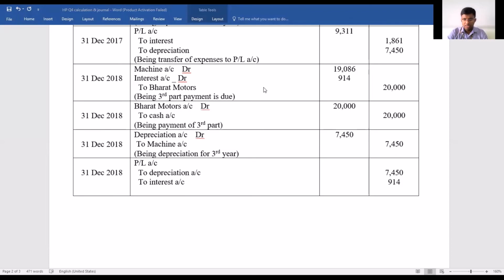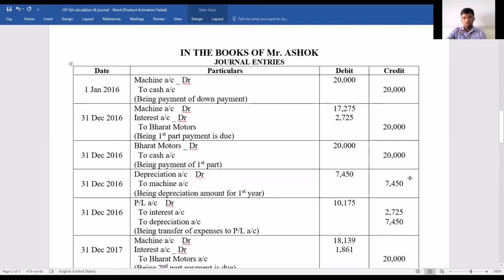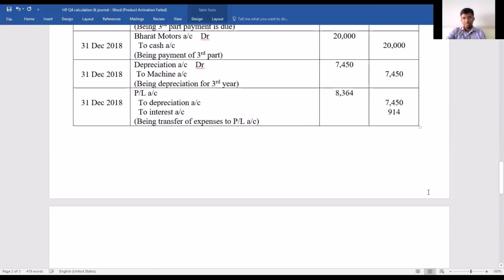So this is 8,364, being transfer of expenses to profit and loss account. So with that, we have completed the journal entries for 3 years. So 3 years journal entries we have completed successfully.